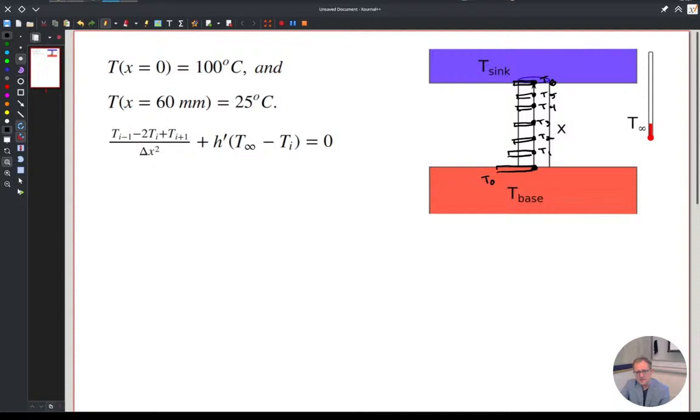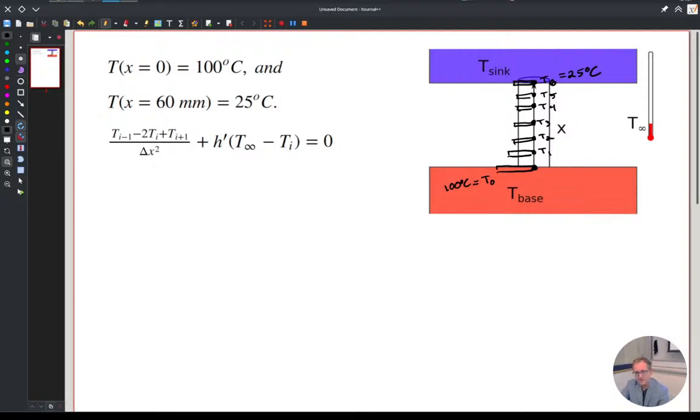One of the reasons that I label this is it helps me understand what are the things that I already know about this problem, because I know that T0 is 100 degrees. So I don't need to solve for that. And I know that T6 is 25 degrees, so I don't need to solve for T6.